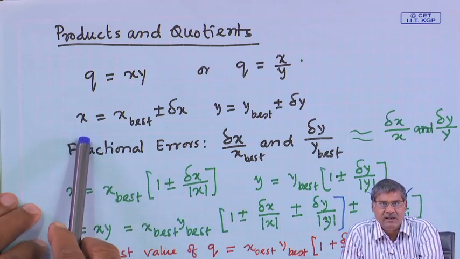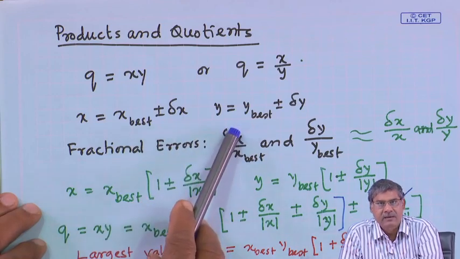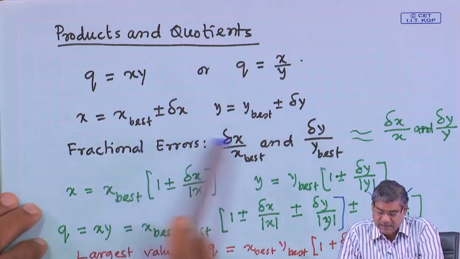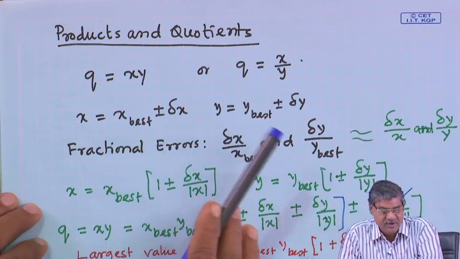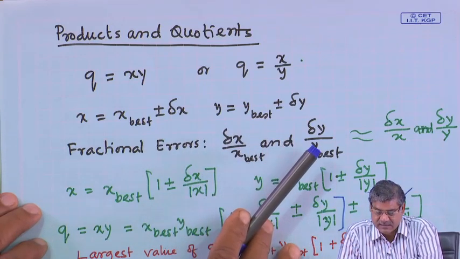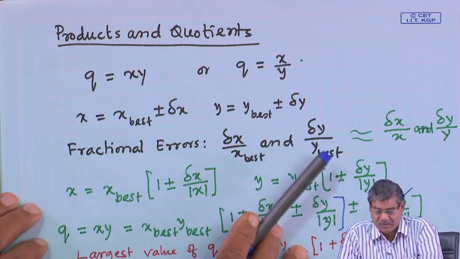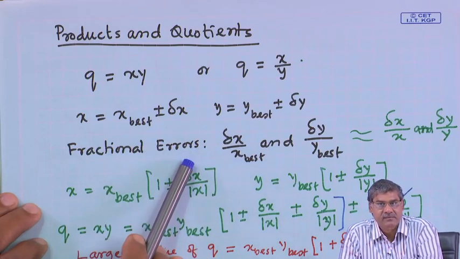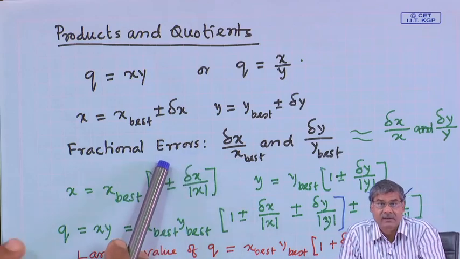So, x as usual is x best plus minus delta x, y equal to y best plus minus delta y. In the case of summation we considered the error that is called absolute error, but in this case we are considering the fractional error, or what is called relative error.